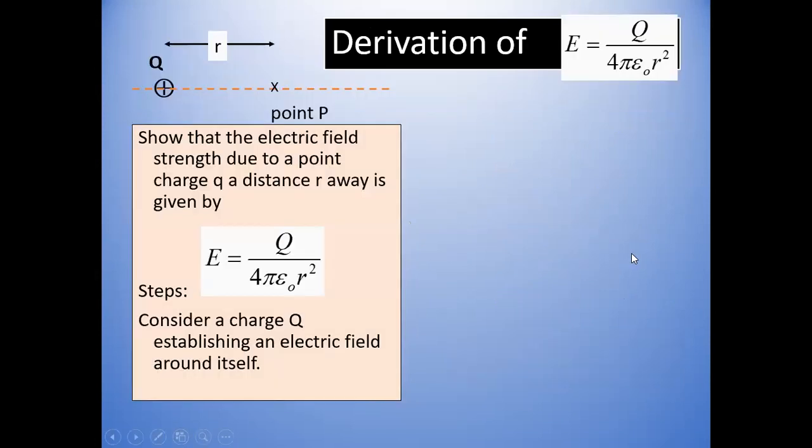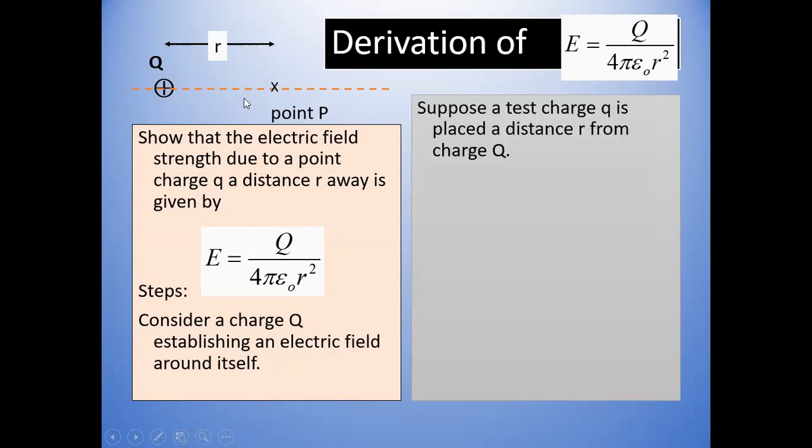How to derive? Basically, first step, consider a charge Q. You want to know the field due to this charge Q at the distance r away. We can call this point a distance r away as P, if you like. You place a test charge there. To find the electric field, you place a test charge there. Remember, we define electric field as the force on the test charge.